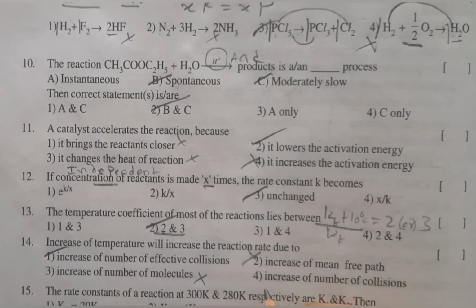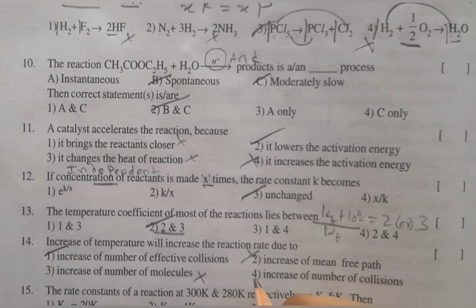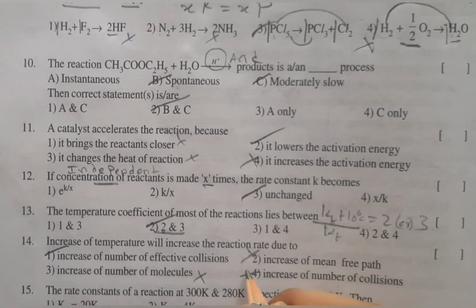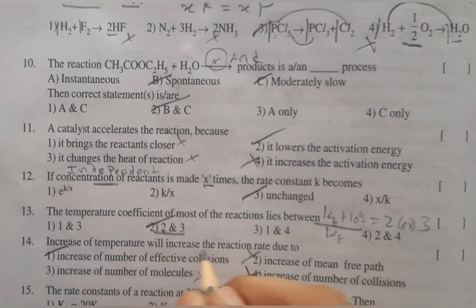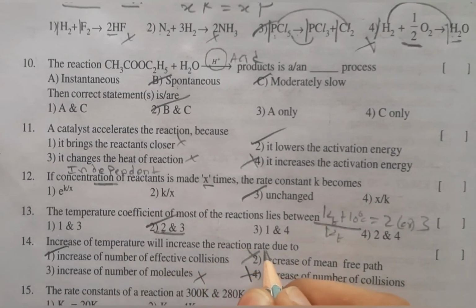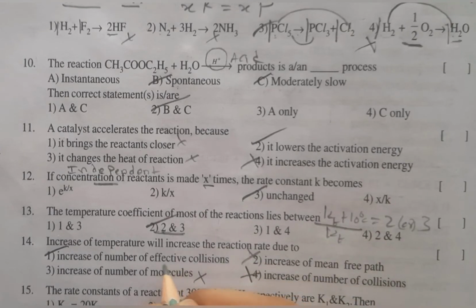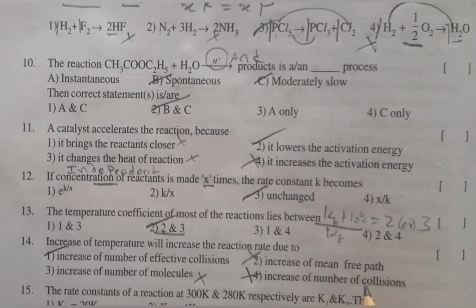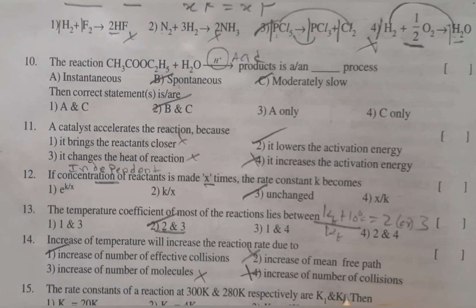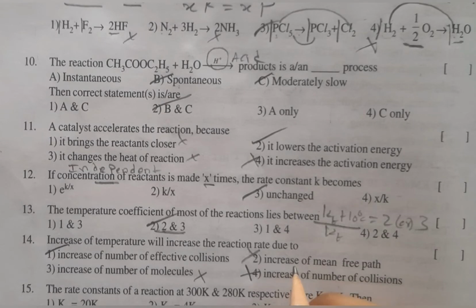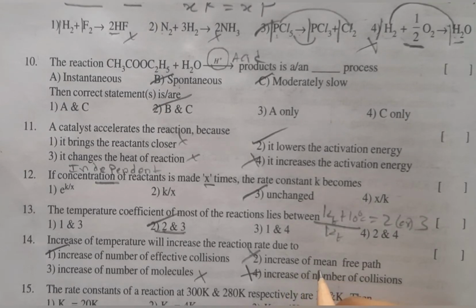Yeah, you may confuse with this as it is correct. No, it's not correct because the rate of reaction depends on effective collisions, not on the number of collisions. The rate of reaction does not depend on all collisions because some collisions may be ineffective.